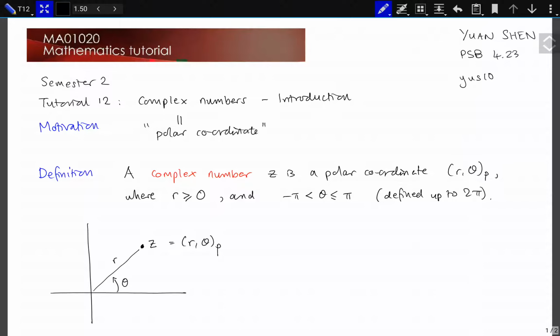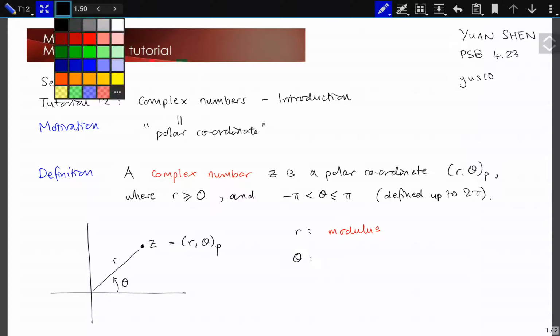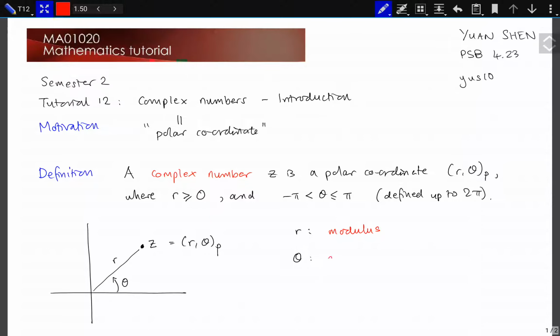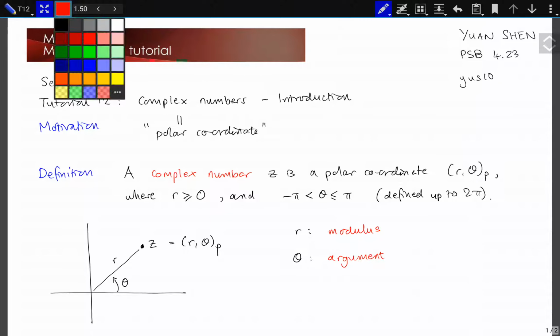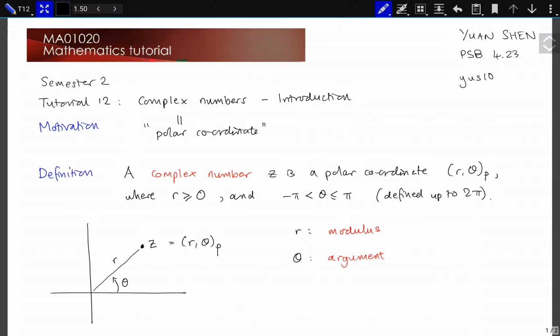We call r the modulus, and we call theta the argument. Alternatively, I would just call this the size, and this is the angle.